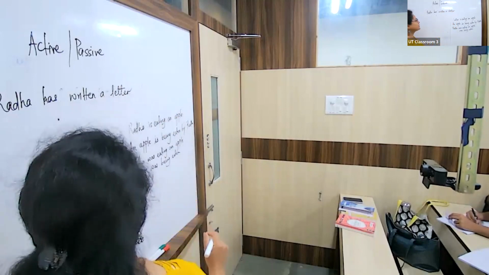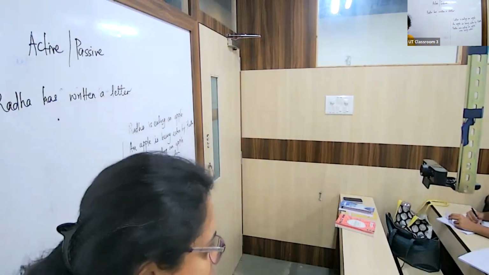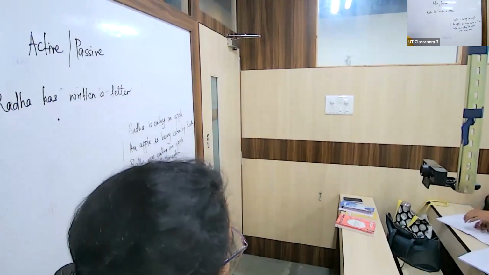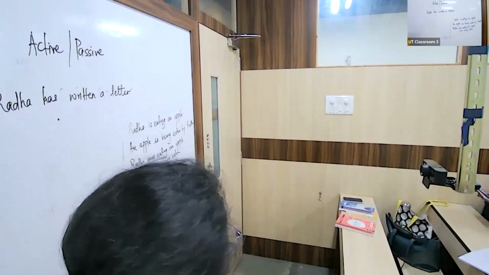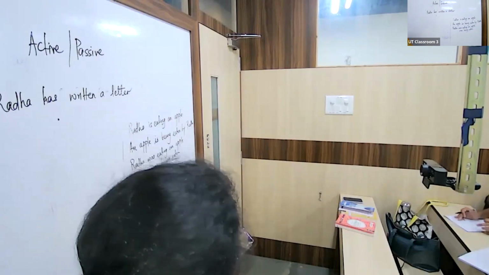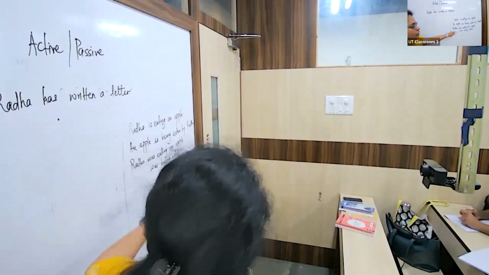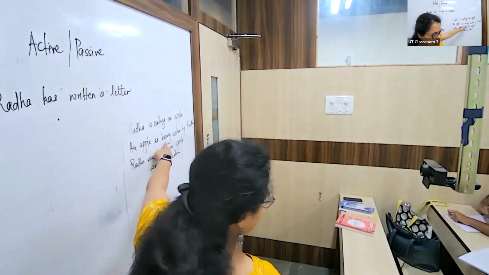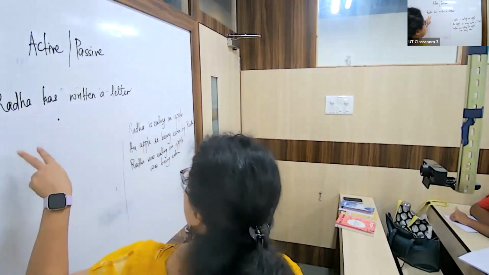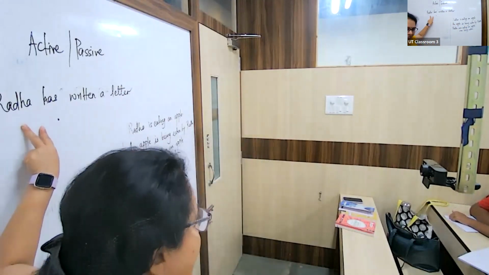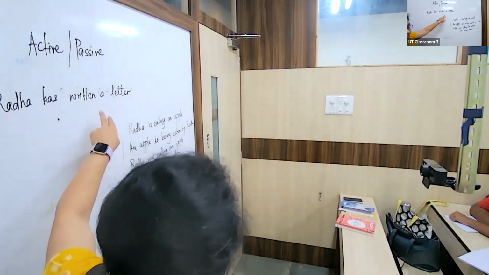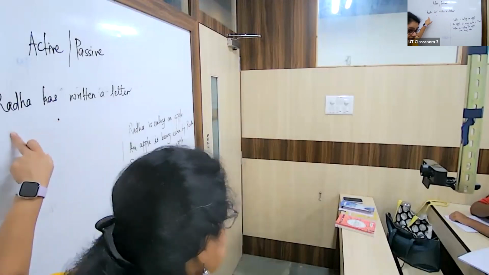Okay. So, how will you change this? The letter was written by her. If it is being, it will become continuous. Only was means simple tense. What is here? Radha has written. So a letter has.